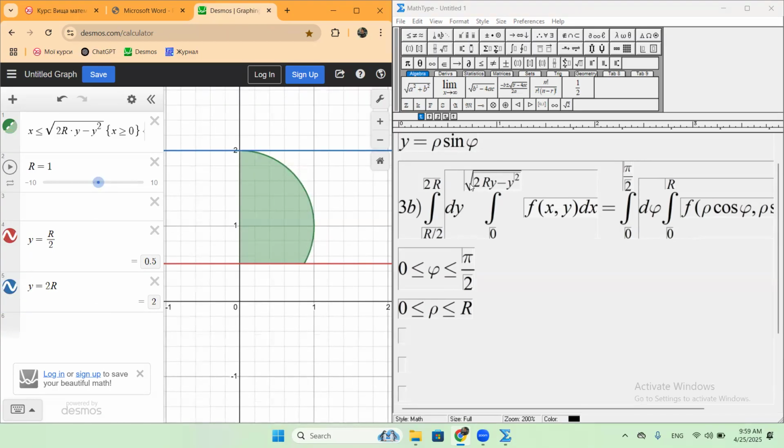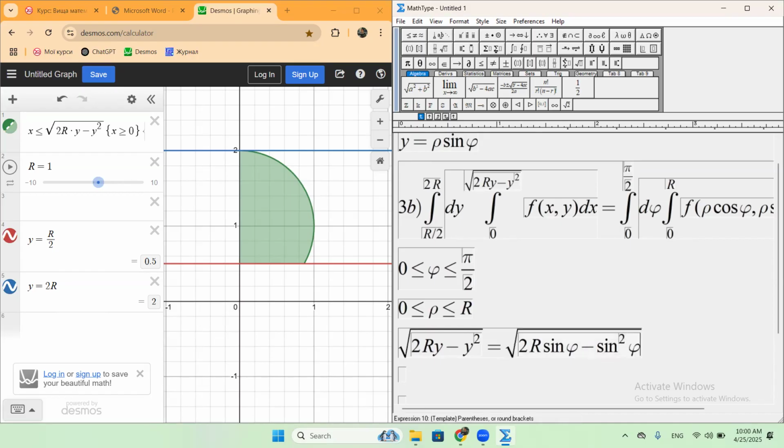So let's transform also these limits of integration. So it will be equal to r sine of phi minus sine squared of phi.